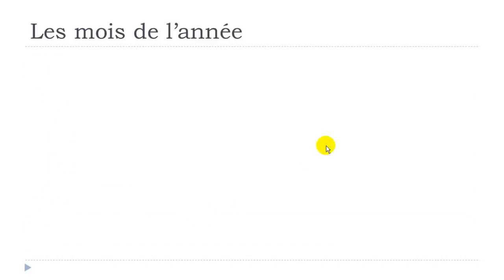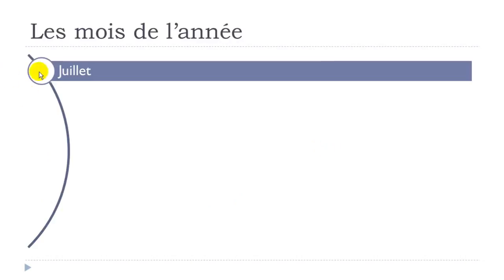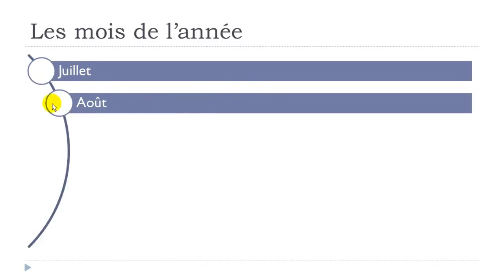Okay, second round. Juillet. You get this double L here. Juillet. Don't pronounce this final T, E-T, at the end. So it's July. And then here, two options, because two options are acceptable in French.